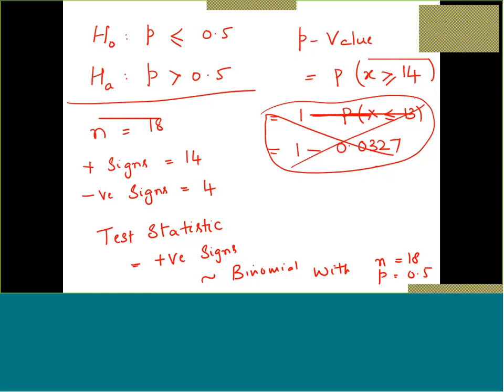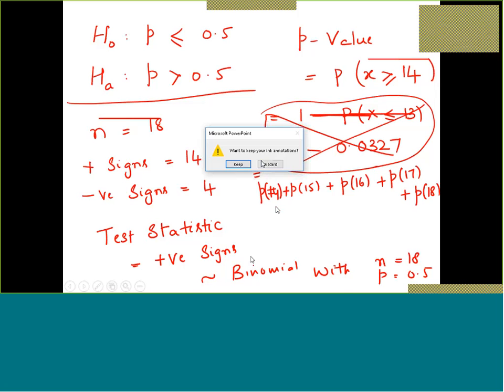So we cannot use it because our table consists of PMFs. So you have to calculate at 15, at 16, at 17, and at 18. So 15, 16, 17, 18. Okay, I think you can add 14 also. So you have to add 14, 15, 16, 17, 18.